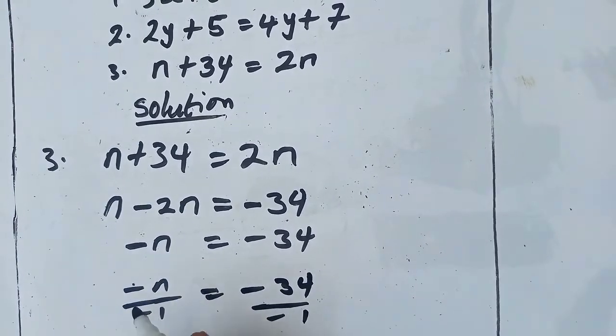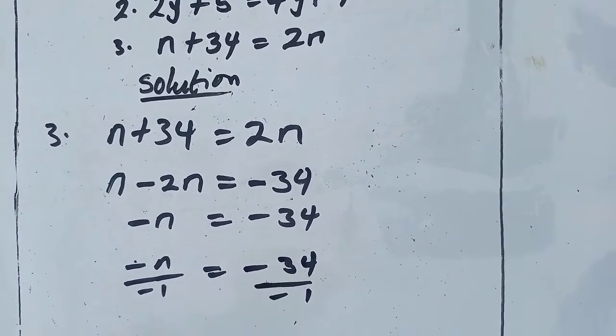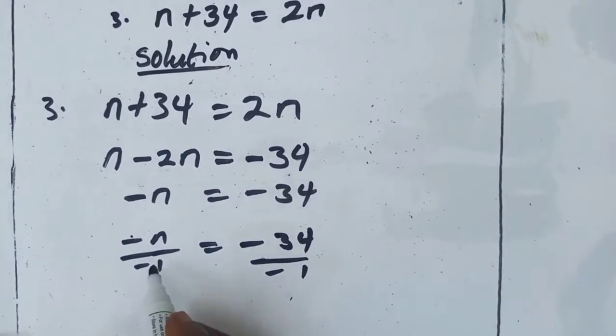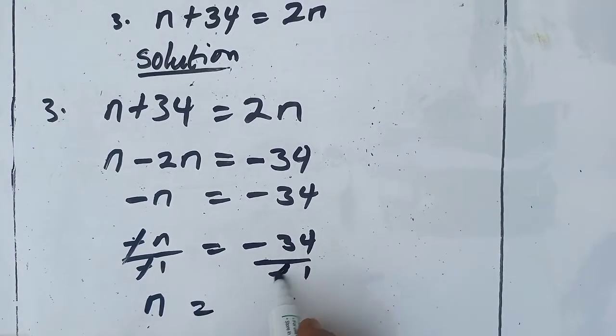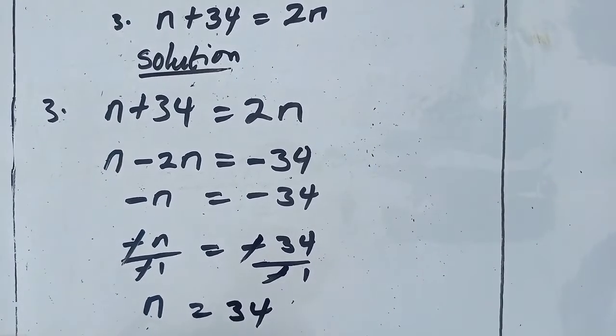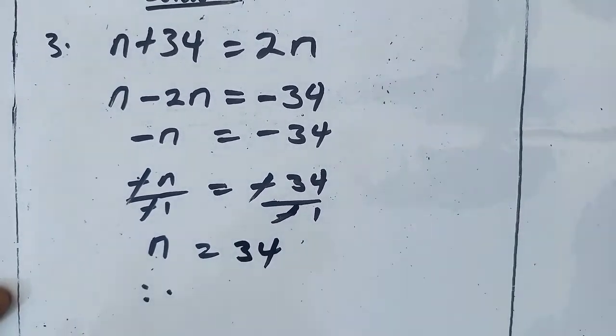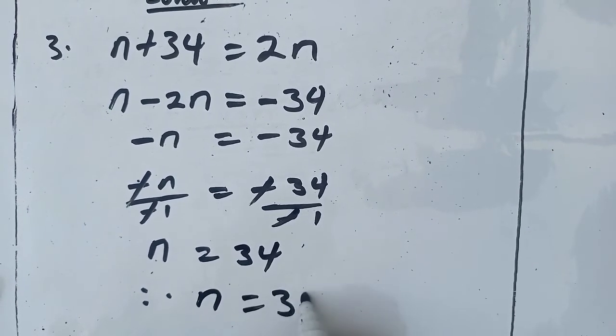Mind you, dividing a number by 1 still gives us the value of that number. So if I'm dividing a number by minus 1, it still gives us the value of that number. So minus cancels minus here. We have n equals 34. Therefore, our n equals 34.